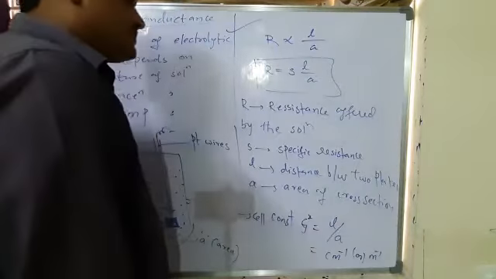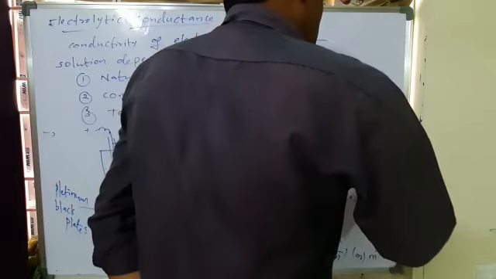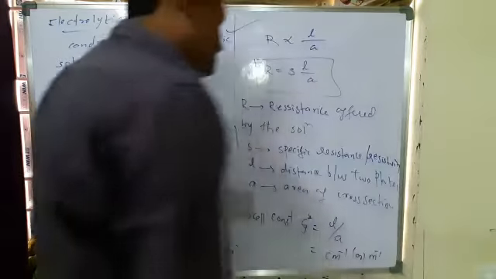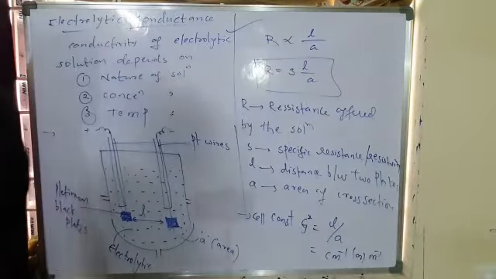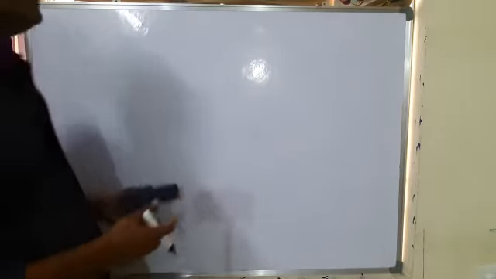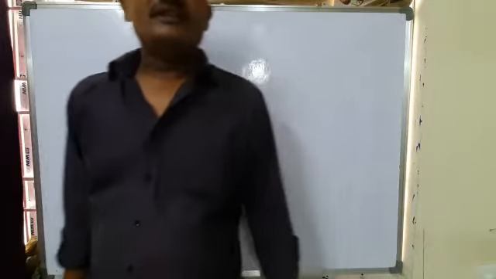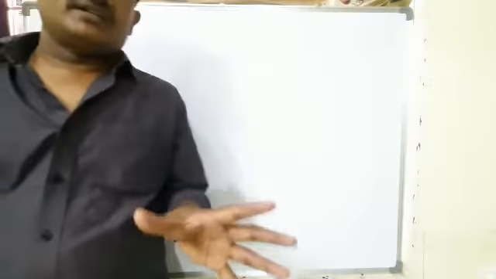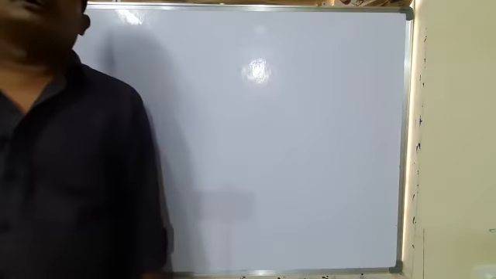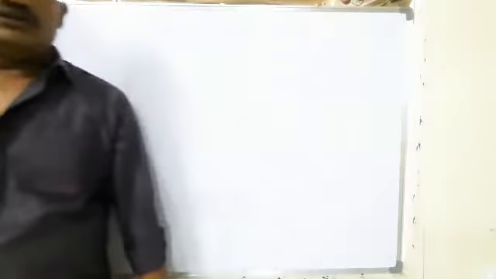The specific resistance is also called resistivity; both are the same term. If we determine the cell constant for the conductivity cell, we can easily determine the resistance or conductivity of the electrolytic solution.